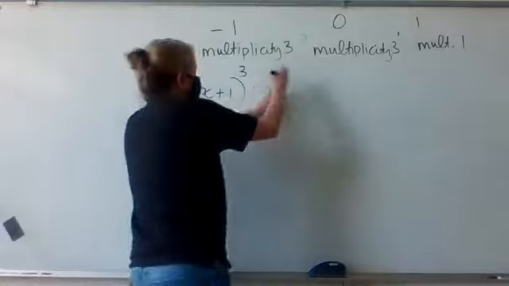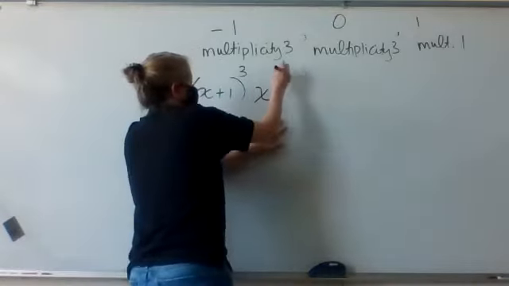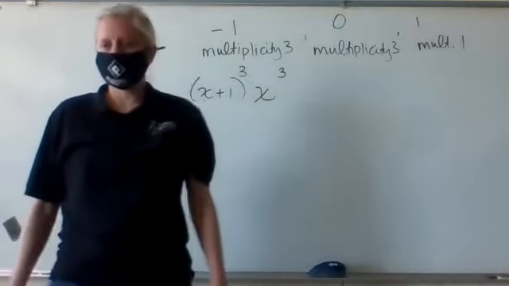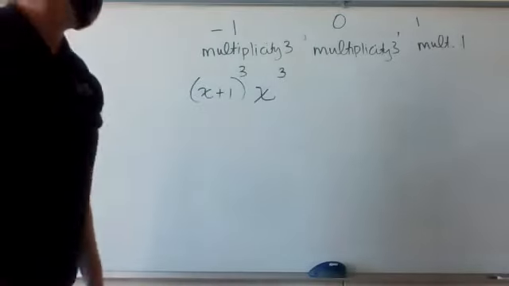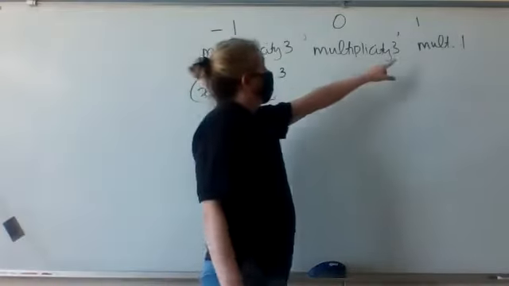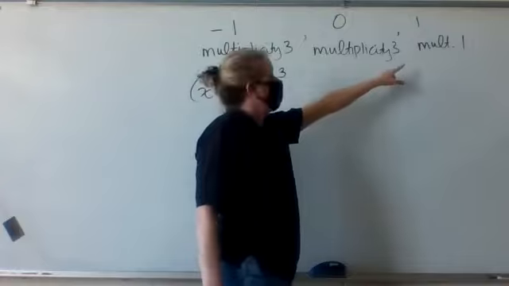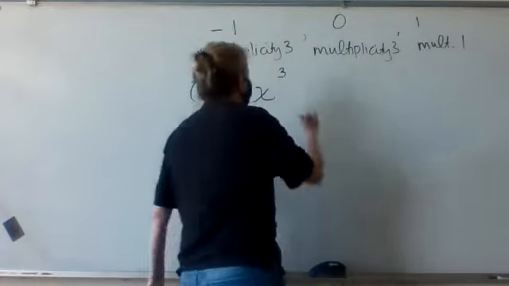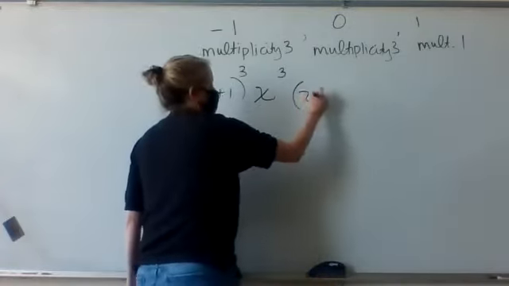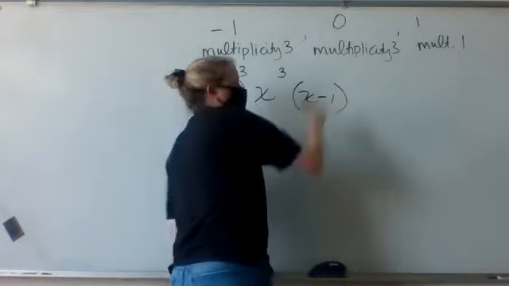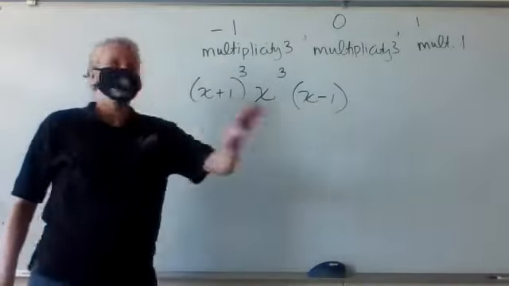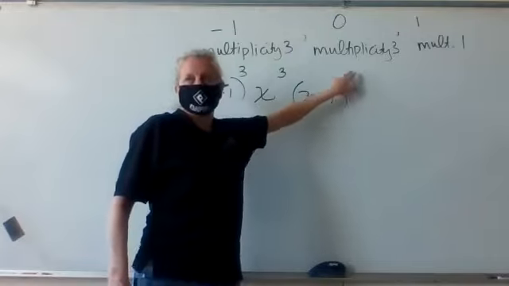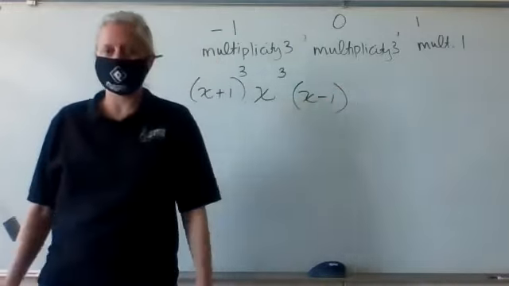So if its multiplicity is 3, it's just going to be x cubed. And this last one, 1 is a 0, which means it came from x minus 1, and its multiplicity is just 1. So I don't even need to see that exponent, it's just assumed. I mean, to the first power.